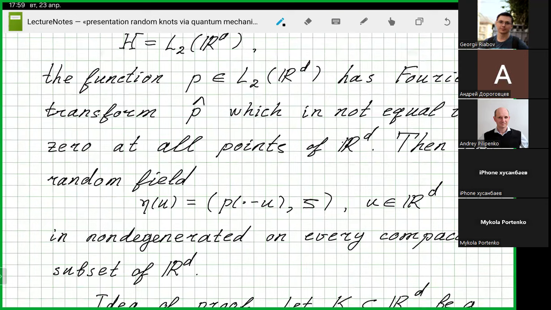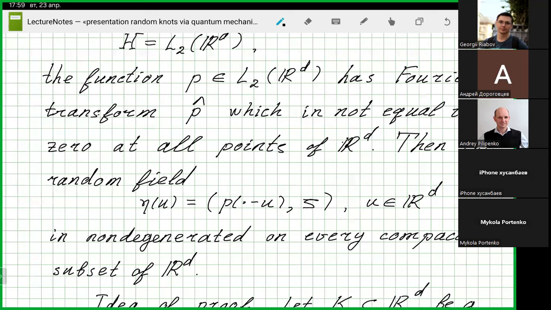Maybe it was first systematically considered by Yulian Anatolyevich Rozanov in his work devoted to partial differential equations with random noise.